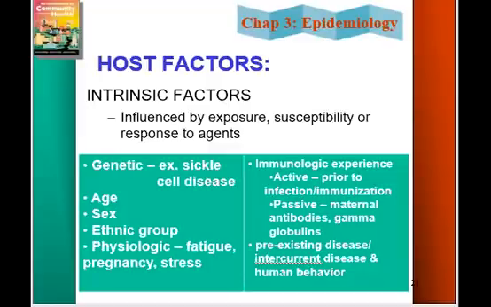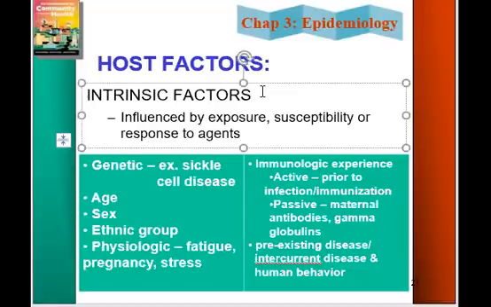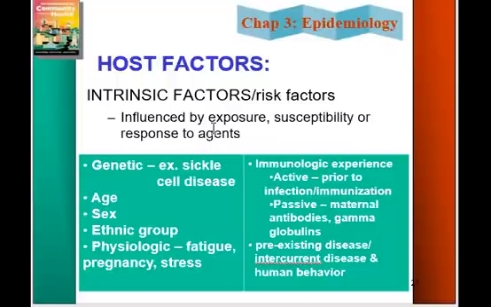No? Why are they called intrinsic factors? Because they are the factors that can influence an individual's exposure, susceptibility, or response to the agents. And others class would call these intrinsic factors as the risk factors. Okay? So these are factors that can influence an individual's exposure, susceptibility, or response to agents.